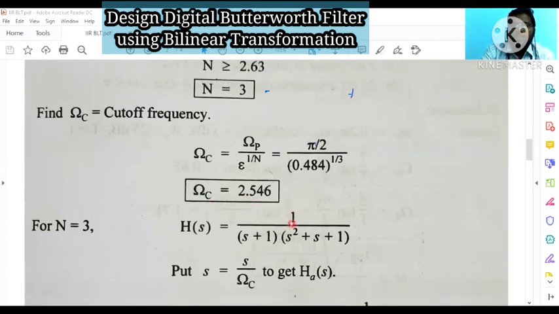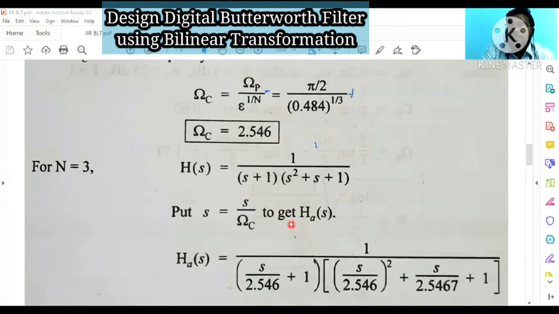Okay, so next is step 3. Step 3 is to find out the analog frequency system transfer function, that is Ha(s), for the above cutoff frequency omega c. First one you just take from the table, the first transfer function.